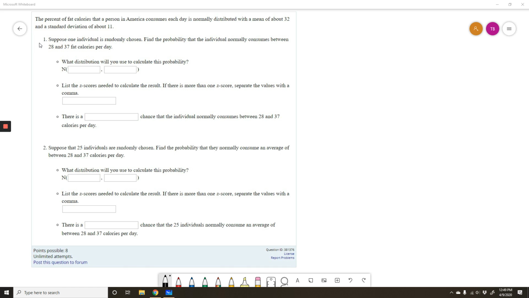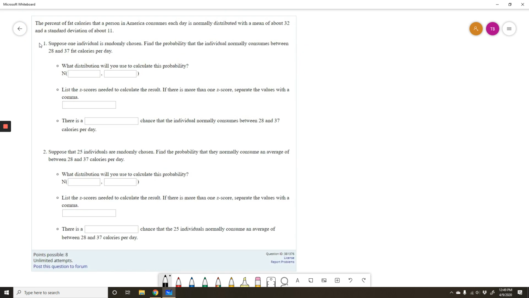Okay, so we are told that the population is normally distributed, mean of 32, standard deviation of 11.